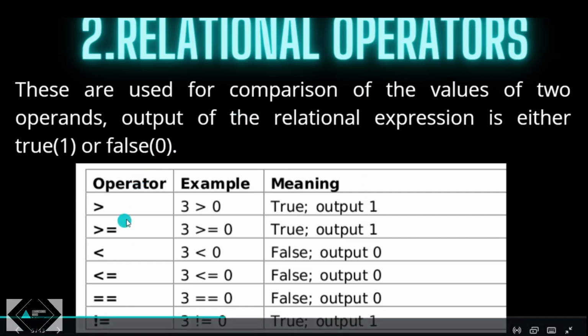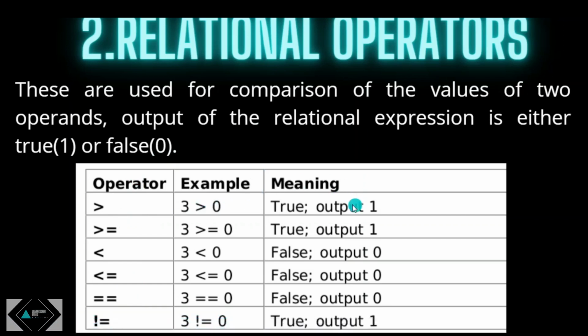In the below table you can see the different types of relational operators, and then the example and the output. First is greater than, example 3 greater than 0. So this is a true condition, so the output will be true, which is 1, because it returns only true or false, which is 1 or 0.